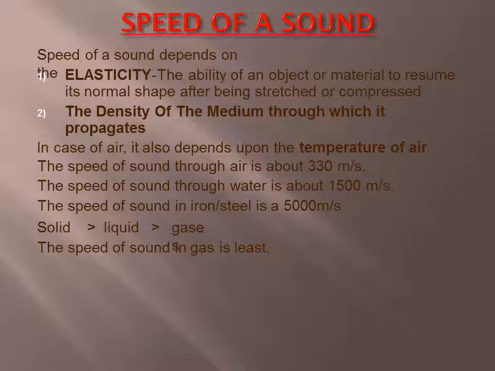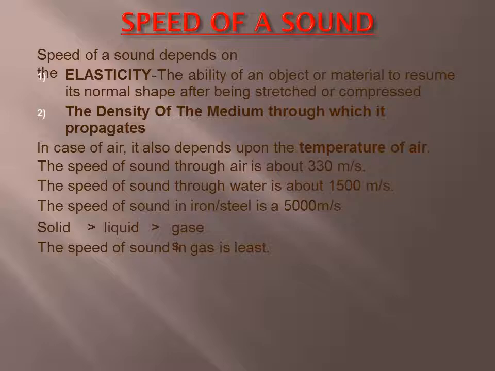That means if one person speaks to another, in 1 second the sound will travel around 330 meters, and only then can the other person hear the sound of the first person.